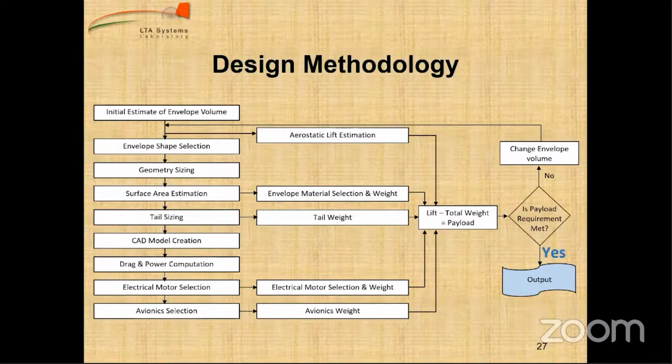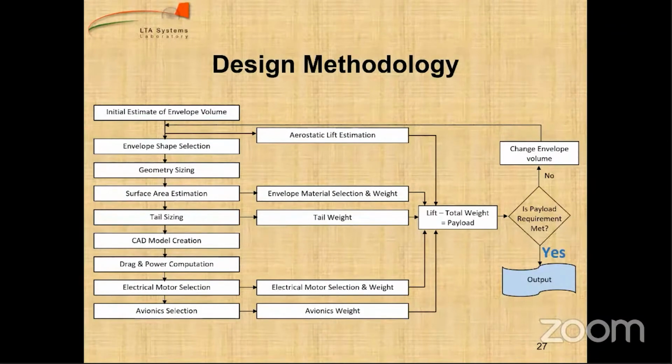Anyone having doubts in this methodology? How will we compute drag and power? On what software? In drag and power computation, you can use OpenVSP for calculation of CD naught.